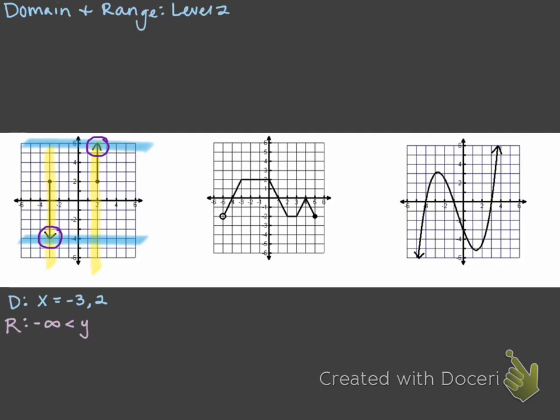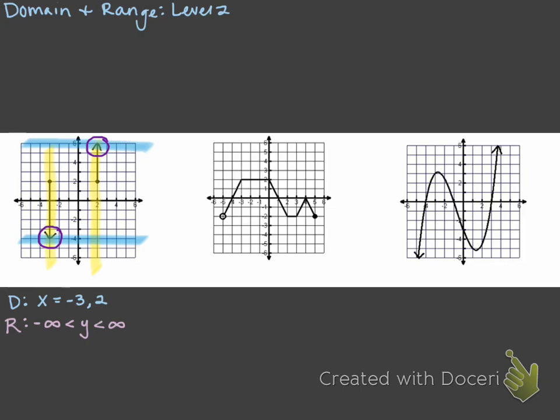So we have -infinity is less than y, which is less than +infinity, because our arrow pointing upwards means our graph is going to continue on forever in the positive direction. So forever to infinity. All right, so that is our domain and range for the first graph.